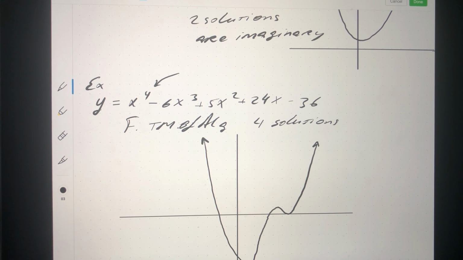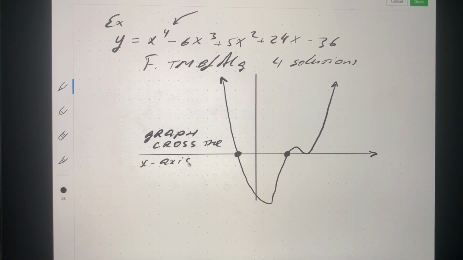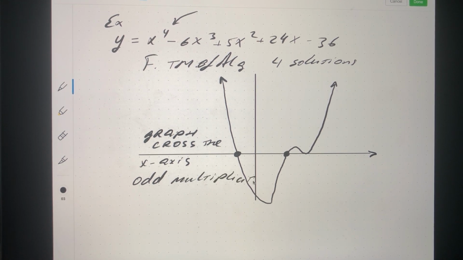That's a very poor sketch, but graphically, each time our graph crosses the x-axis, that means we have odd multiplicity of this solution.